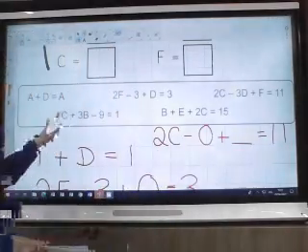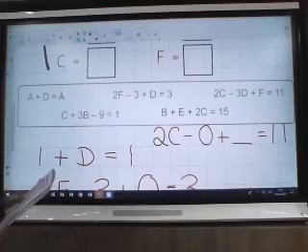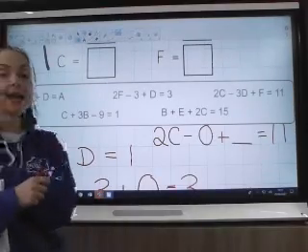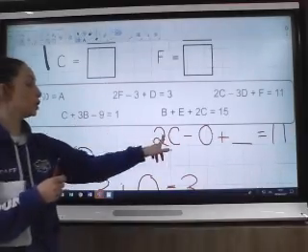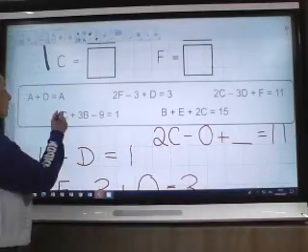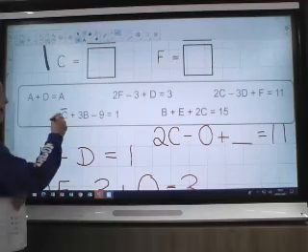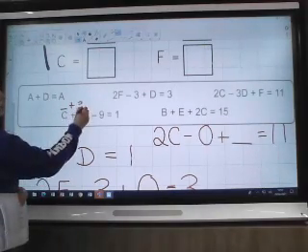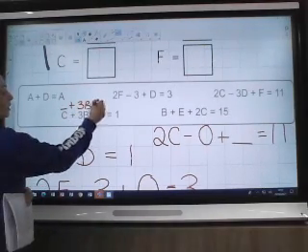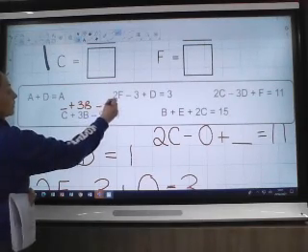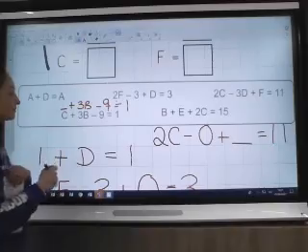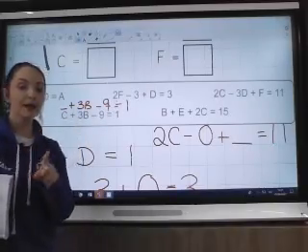Okay, so your next one then is C, add 3B, take away 9 equals 1. So you don't know what B is yet, but you do know what C is. So rewrite it, put your C in there, add 3B take away 9 equals 1. Okay, so remember, work backwards.